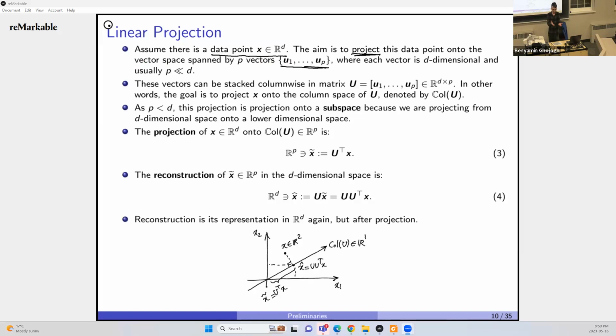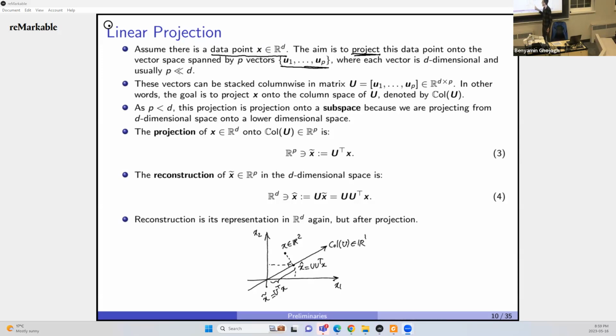So consider you have U1 to UP. They define a P-dimensional space. You have a D-dimensional point, and you want to project this D-dimensional point onto this P-dimensional space. An example is this figure.